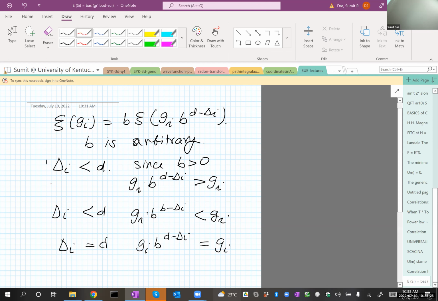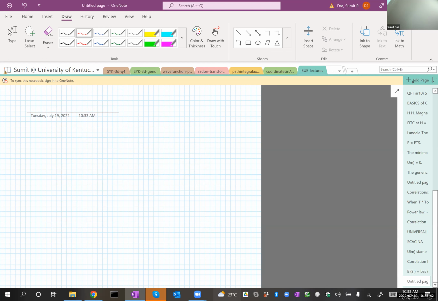Such things are called relevant parameters. These are called irrelevant parameters. And we will now try to understand why they are called relevant and irrelevant. Suppose I have a material with only one relevant parameter and many irrelevant parameters.